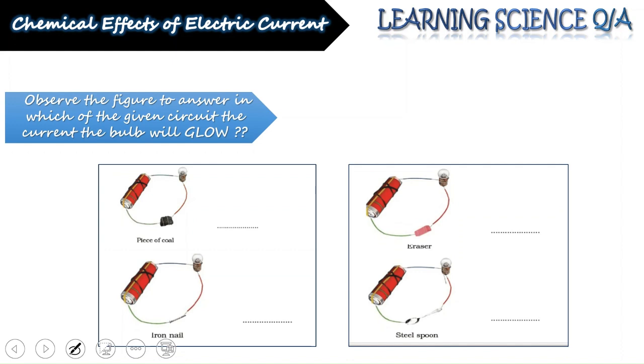What you need to observe is which conductors are used here, whether the materials used here are conducting or non-conducting. So a piece of coal is not a conductor, an eraser is not a conductor again, an iron nail is definitely a good conductor, and a spoon will also conduct electricity.